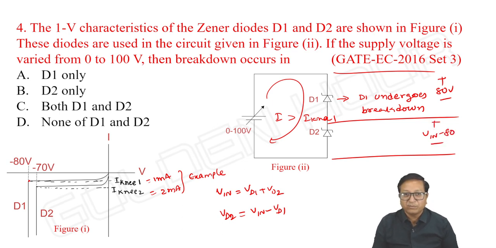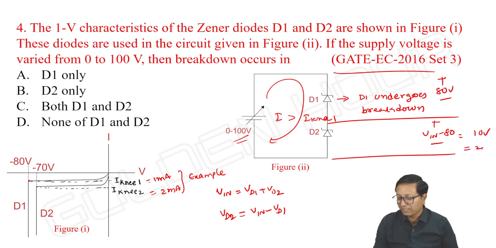Even though the input is 70 volts, the knee current of D1 has not been reached. When the input is 80 volts, that time we reach the knee current of D1, and D1 undergoes breakdown. After 80, if the input is 90, VD2 will be 10 volts.